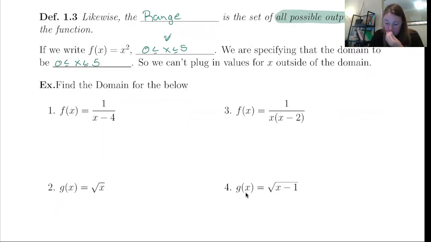So for the first one, 1 divided by x minus 4. My input is in the denominator. My denominator can never equal 0. Remember that? So I'm going to star this and write that's the rule that kicks in right here, that I can't ever have my denominator equal 0.